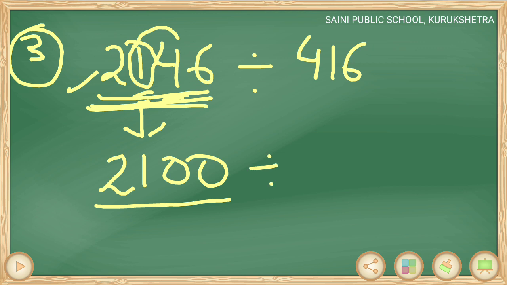Divided by. Now this is our divisor. We will round off to the nearest 10. Okay, the divisor will always be rounded off to the nearest 10, whether it is 2-digit or 3-digit. Okay. Now again the same rule: when we round off to the nearest 10, we observe the tens place. The tens place is 1.